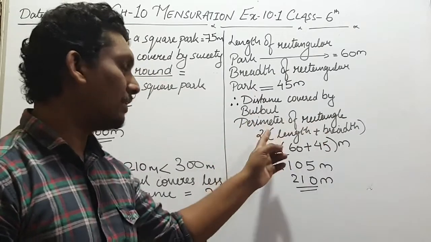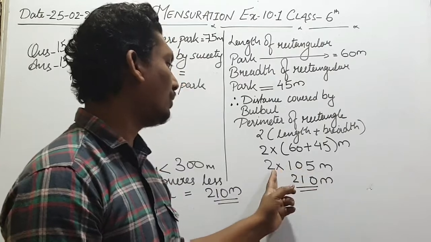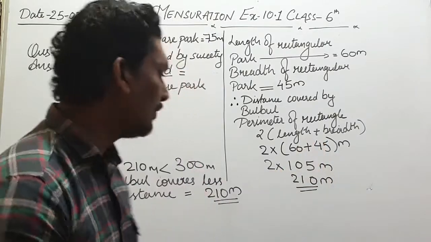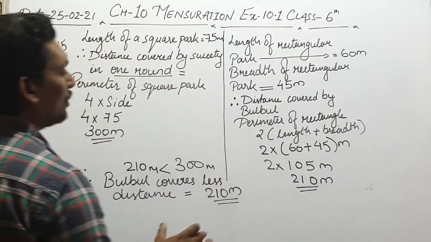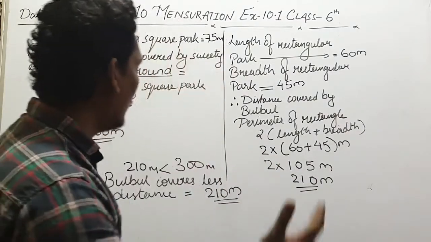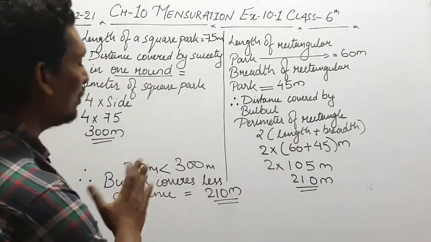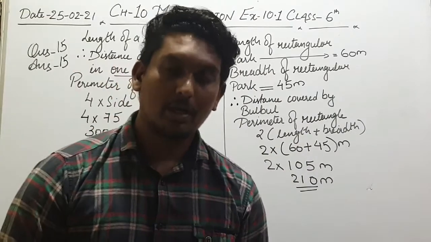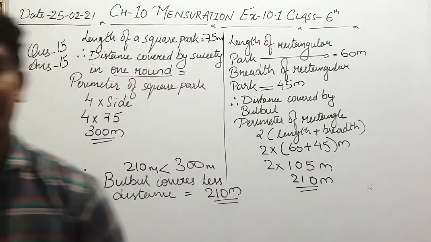Here we have to find the perimeter of the rectangular park. That is 105 into 2, that is 210 meter. So if you compare, this is 300 meter and this is 210 meter. So in the last part of the question, it was given who covers less distance. So here Bulbul covers the less distance as compared to Sweetie. Okay. Hope the question is clear to you. Just go through it.